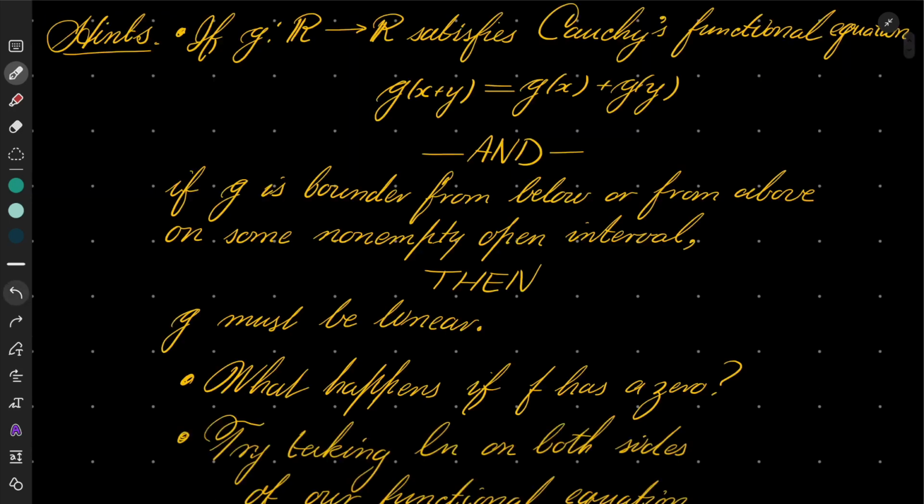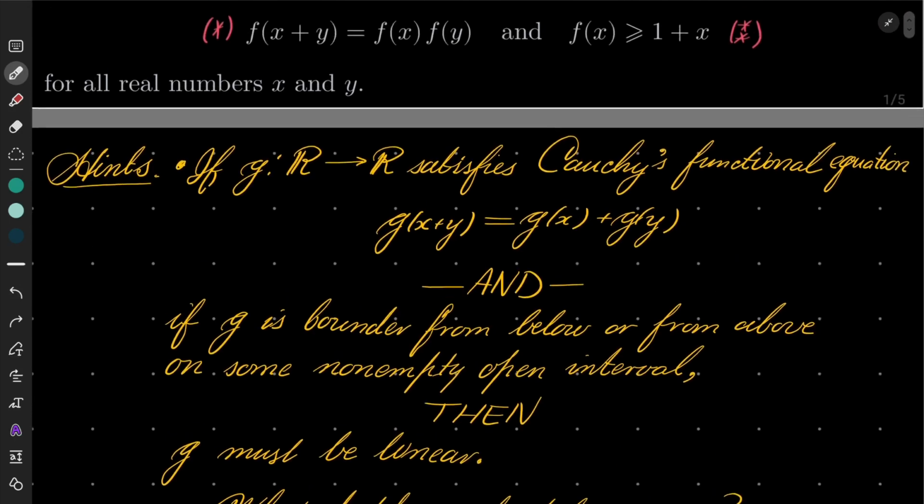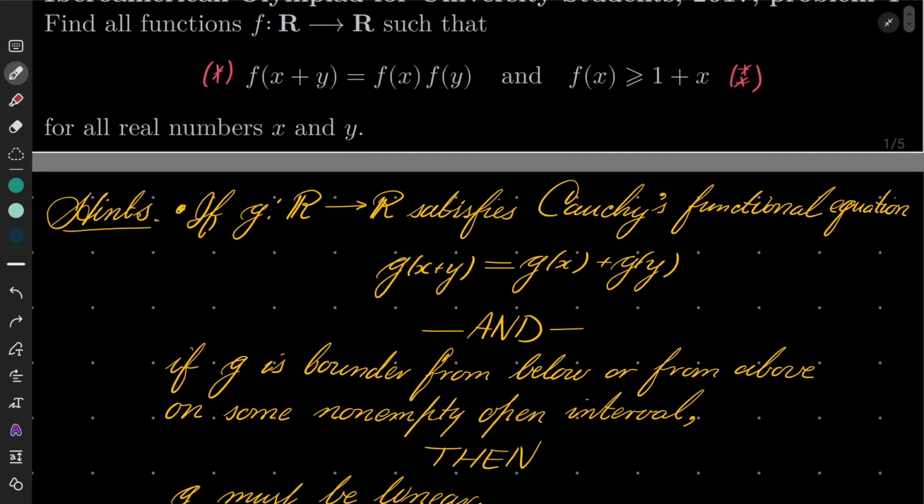So my hints for this problem are the following. First of all, the key to this problem is the Cauchy functional equation.